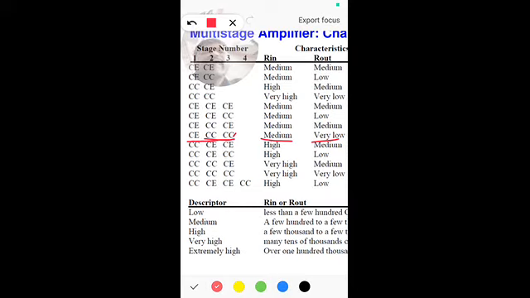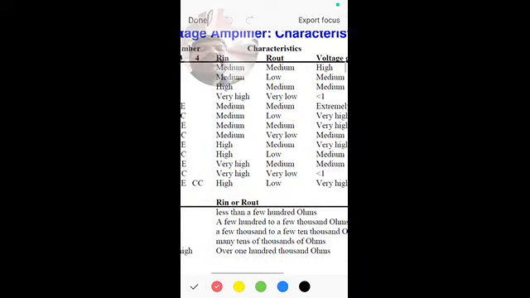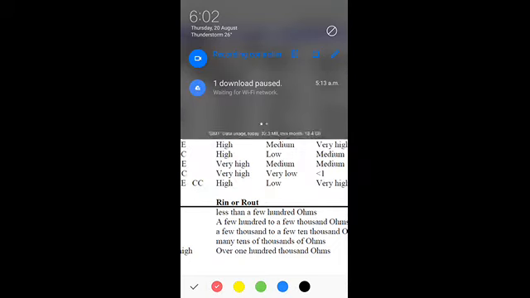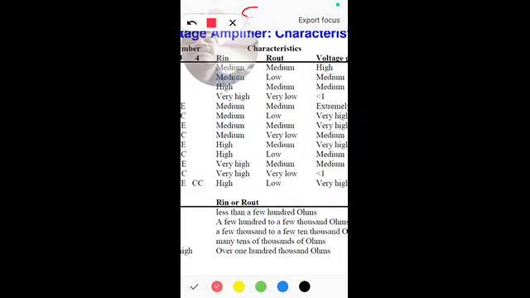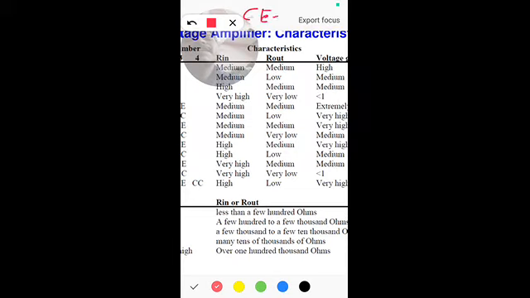So we are going to have a medium output. With CE, CC, CC, CE is the first stage, and the second and third stages are CC.